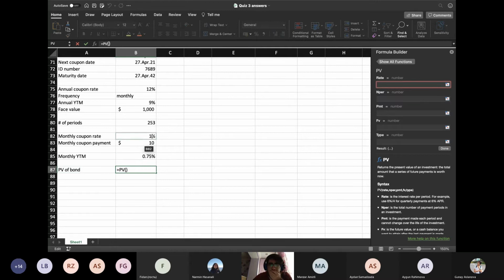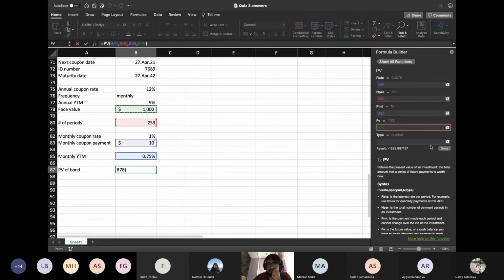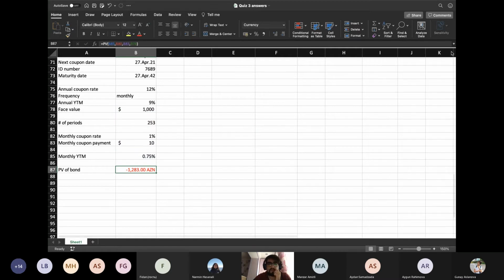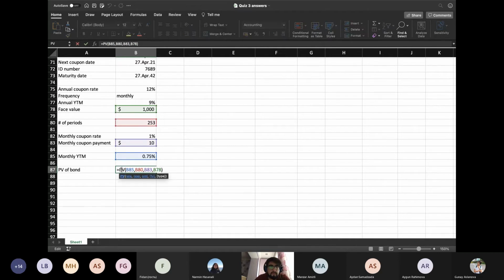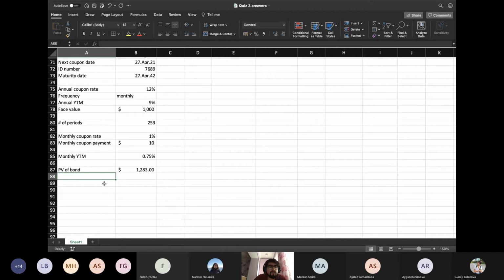Rate is monthly yield to maturity, number of periods 253, payment 10, future value minus. Let me convert it to dollar and with minus sign. So this is price, the PV of the bond.